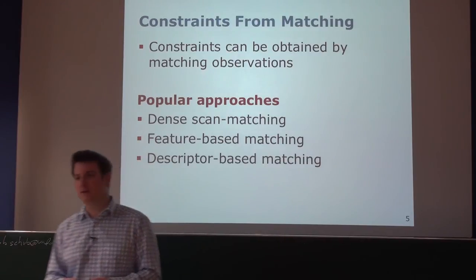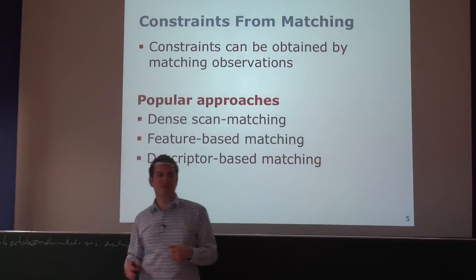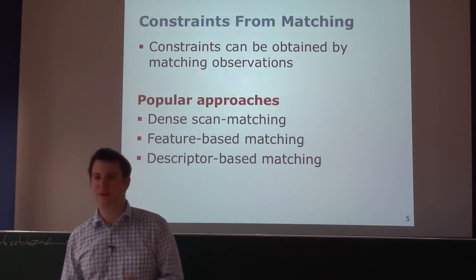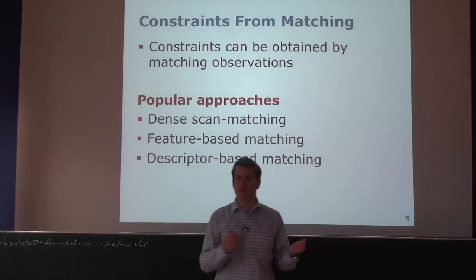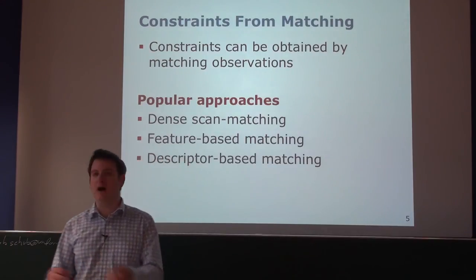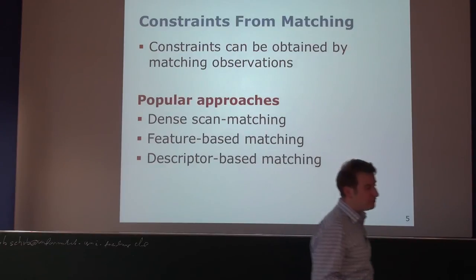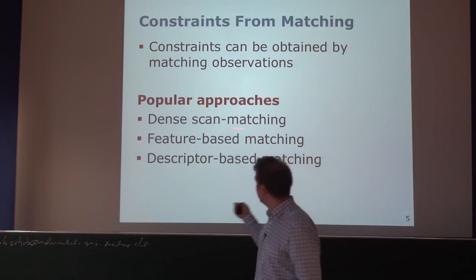Then we may take that differently into account than if we have a corridor where we have a lot of unique markers glued to the walls, and we have a camera and can perfectly observe those markers. So depending on what we see and what assumptions we make about our observations, this task can be very hard or not that hard. A typical approach, if we go for laser range data, is dense scan matching.